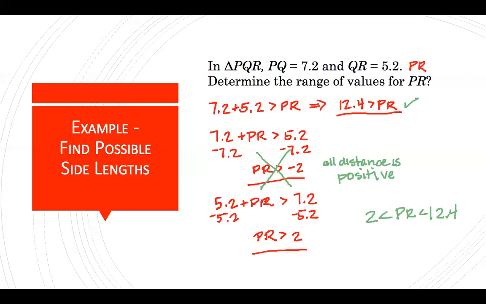So my range for PR has to be somewhere between 2 and 12.4. Somewhere between 2 and 12.4. Do we see how I got that? Does that make sense? Do we have any questions? Any questions? All right, that is it.